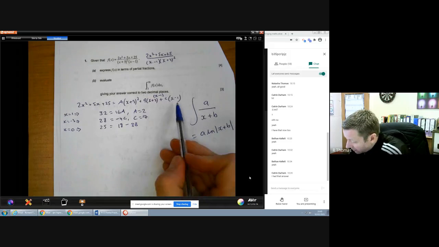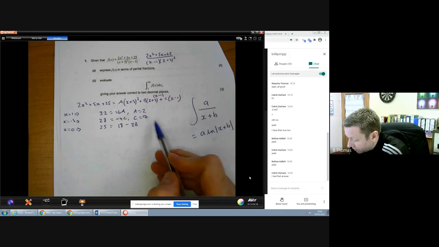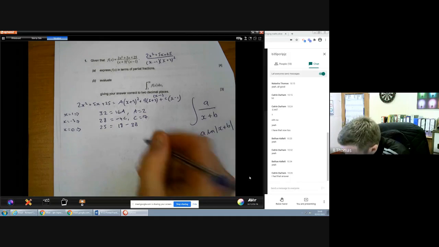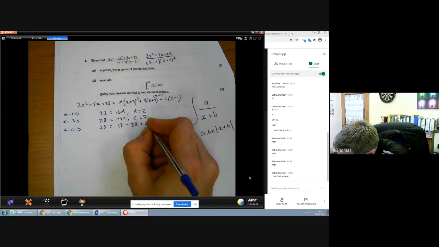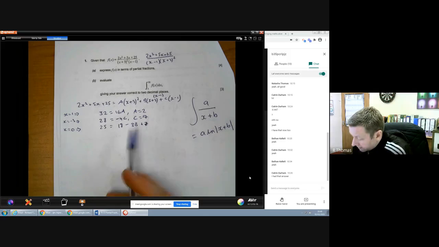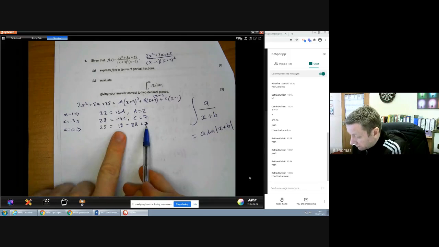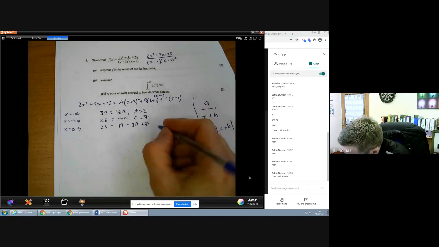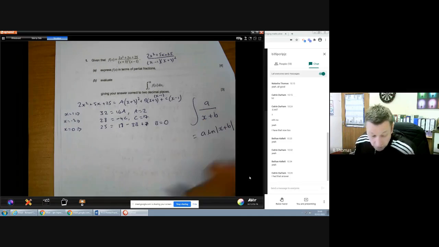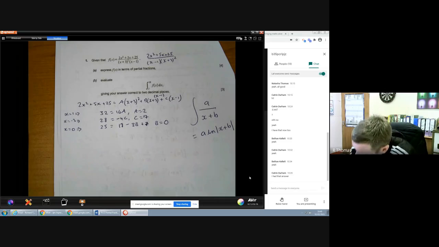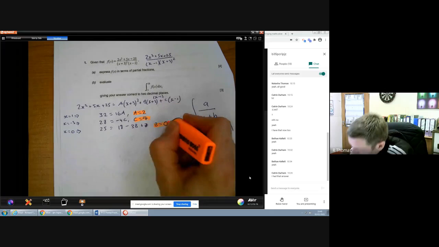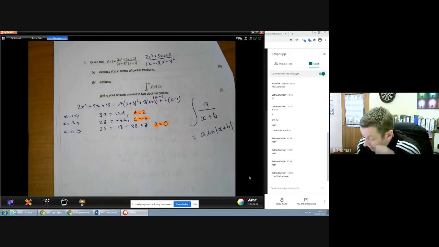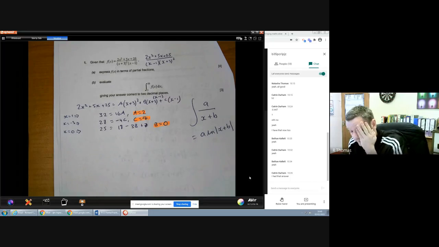And then minus 1c, minus 1 times minus 7 is plus 7. 18 plus 7 is 25. Which means b comes out as 0. And I'm sure on the day you would double check that, but I did give you the hint that I think that's what's going to happen.